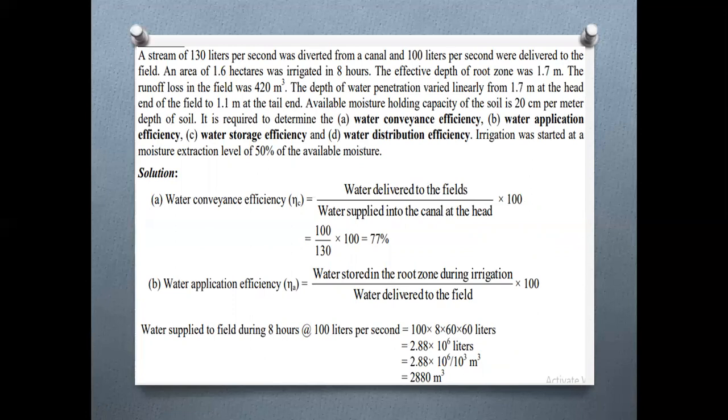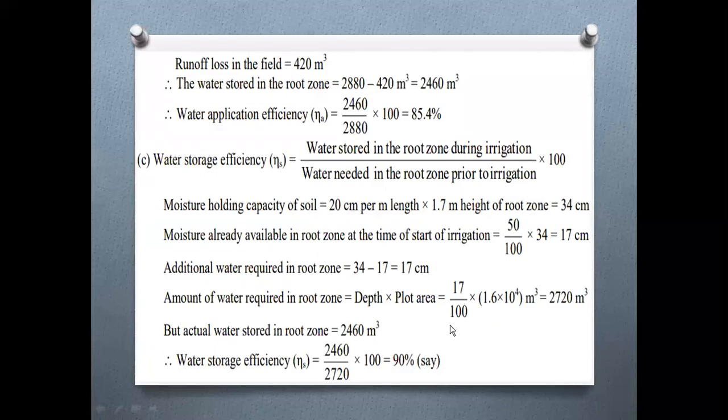Now the water application efficiency, that is eta A, its formula is water stored in the root zone during the irrigation upon water delivered into the field into 100. Now the water supplied to the field during 8 hours at discharge of 100 liter per second is equal to 2880 meter cube, and the runoff loss in the field is given as 420 meter cube.